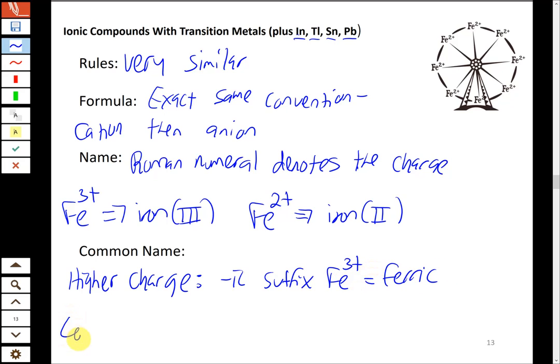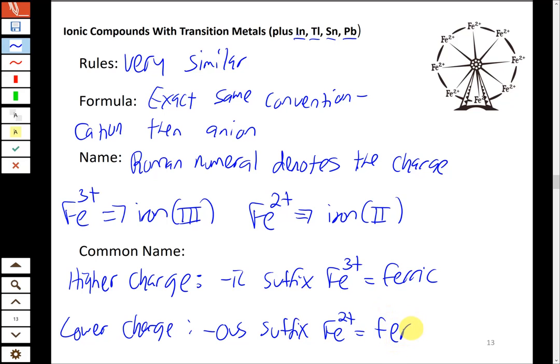And then whichever cation has the lower charge for that metal, which in the case of iron would be a +2, is very common, also has an -ous suffix. So if you have an Fe2+ compound where iron is in a +2 oxidation state, or sorry, +2 charge, we should use that word for now, that would be ferrous. So there's really two ways of indicating it. These are a little bit archaic, but you'll still see them from time to time.